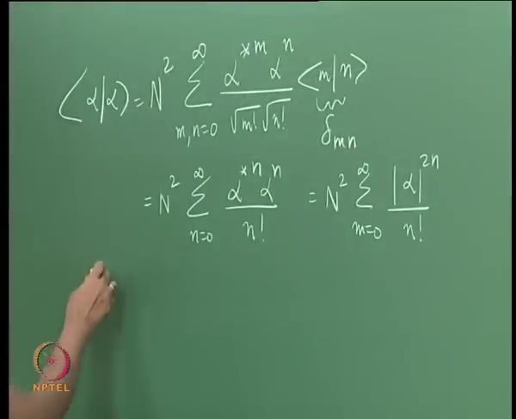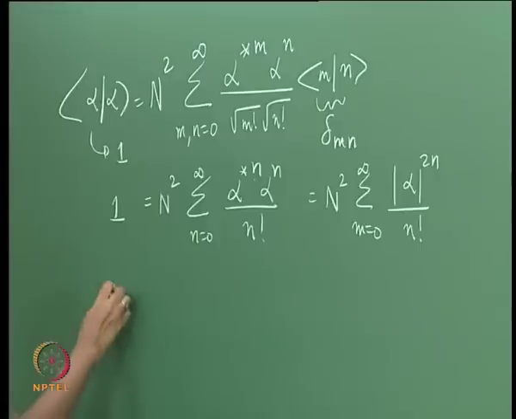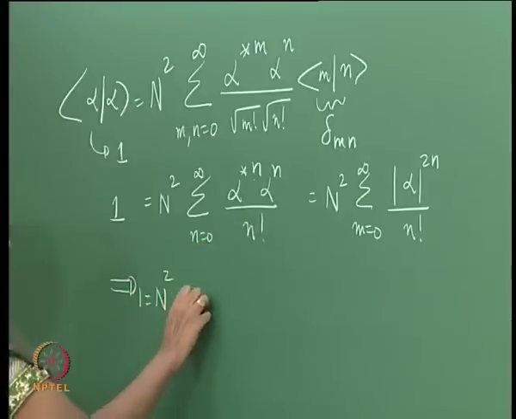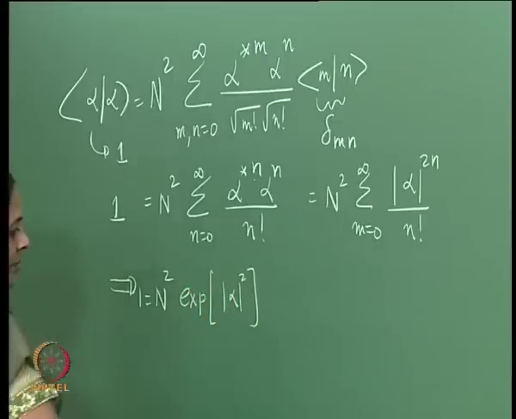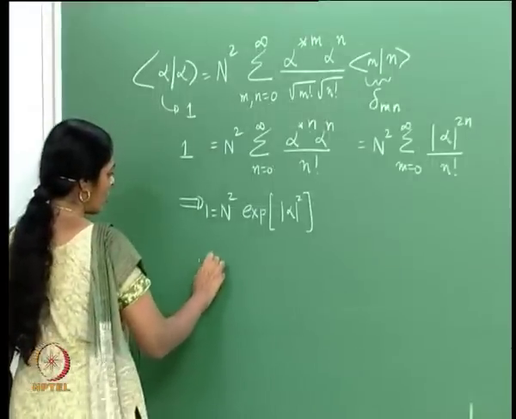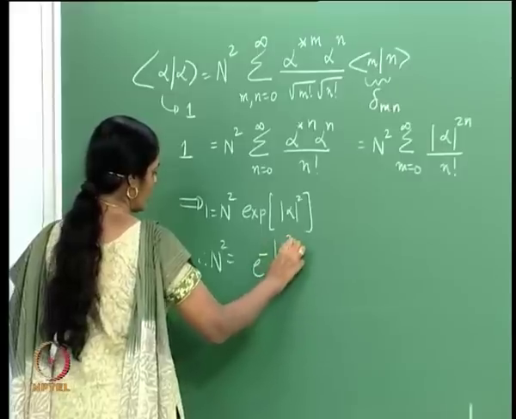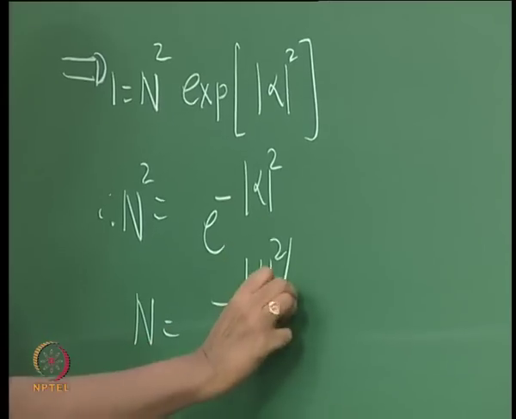And if this object is normalized to 1, this implies that 1 is equal to n squared times the familiar exponential series, exponential of mod alpha squared, and therefore n squared is e to the minus mod alpha squared, and n is e to the minus mod alpha squared by 2.